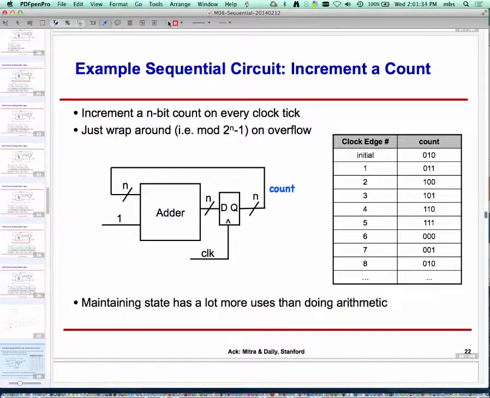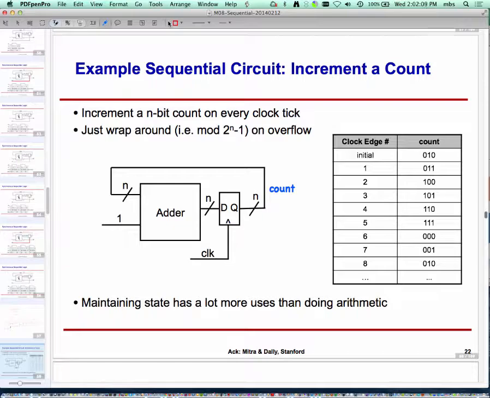And we also saw the D flip-flop, which is a circuit element that stores the state, and every time a rising clock edge comes, it copies whatever is present on the input and stores it, and until the next clock edge, the output of the D flip-flop is whatever it captured in the previous clock edge. We've also seen SR latches, but typically we don't use them in the design, so the D flip-flop is the main element.